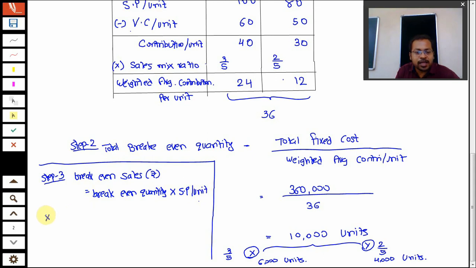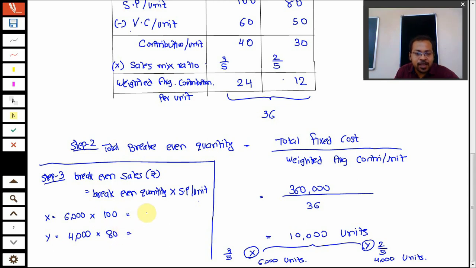For product X, break-even quantity is 6,000 units multiplied with selling price, and for Y, break-even quantity is 4,000 units multiplied with its selling price.